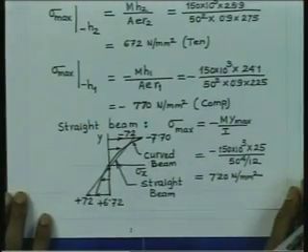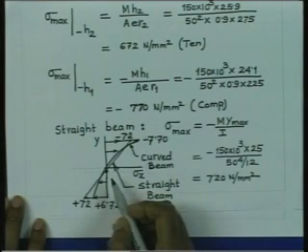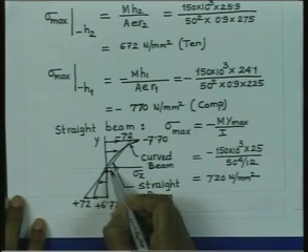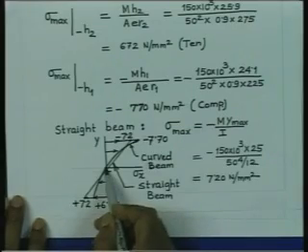That is the difference between the straight beam and the curved beam formula. Please note that the 0 of the straight beam formula is occurring here, whereas 0 of the curved beam formula is occurring at a point which is closer to the center.